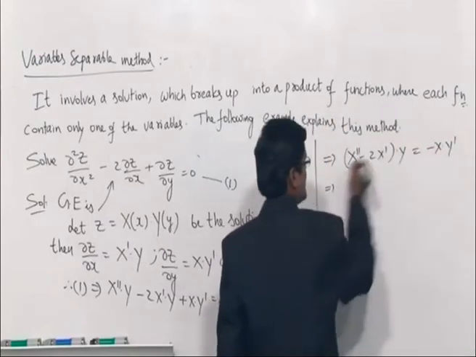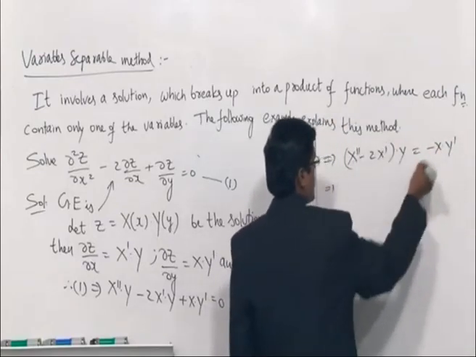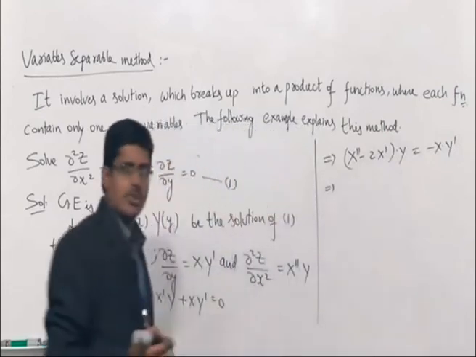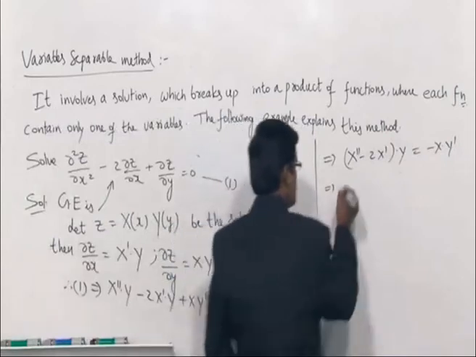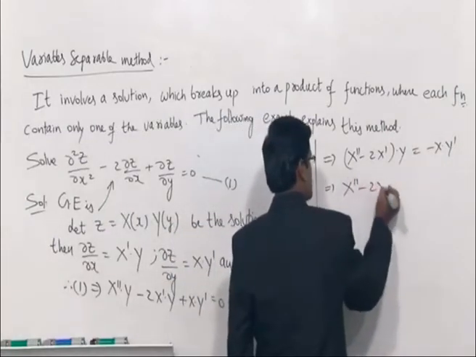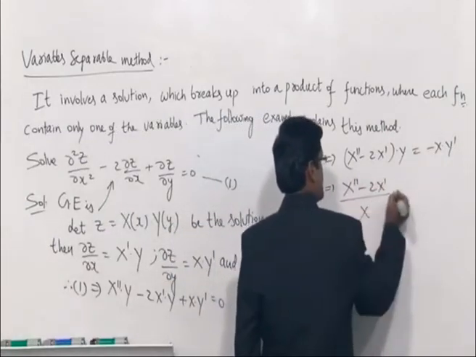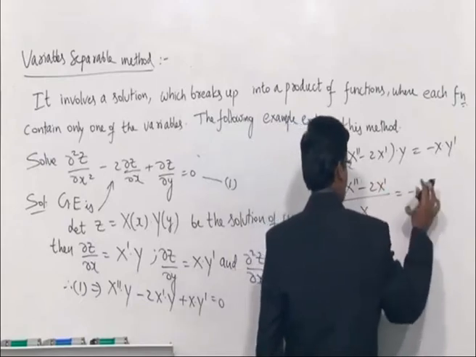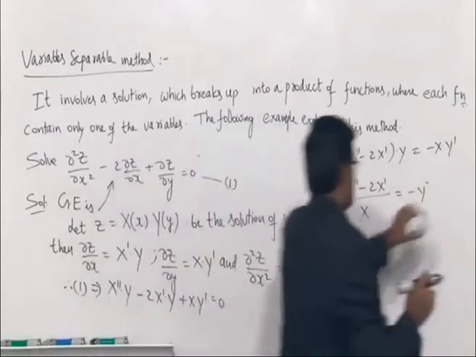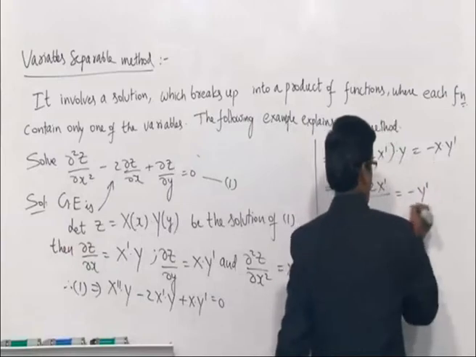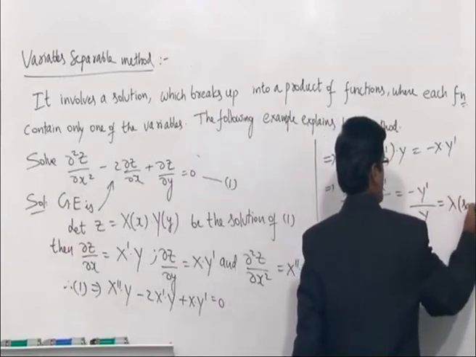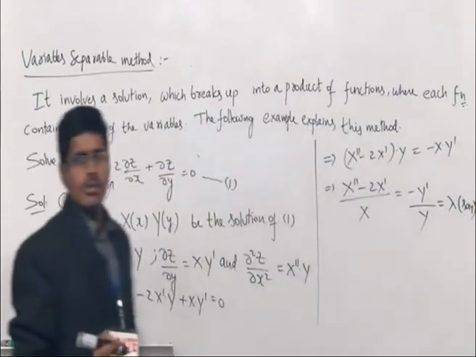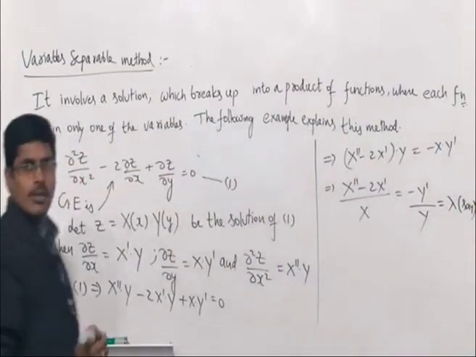Now it indicates separation of variables. Bring all y terms along with the derivatives on one side and keep x terms along with the derivatives on the other side. So (X double dash minus 2X dash) by X is equal to minus Y dash by Y. Each is equal to some lambda, say, because we don't know that value.